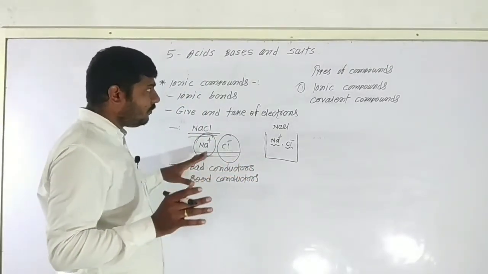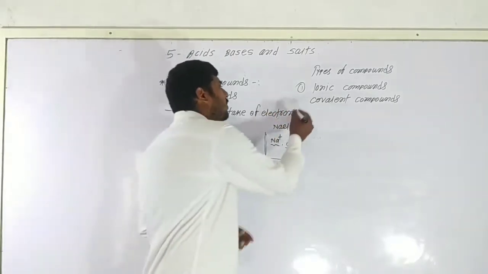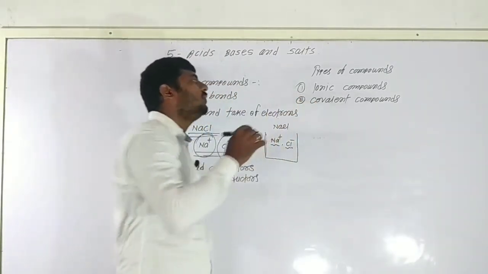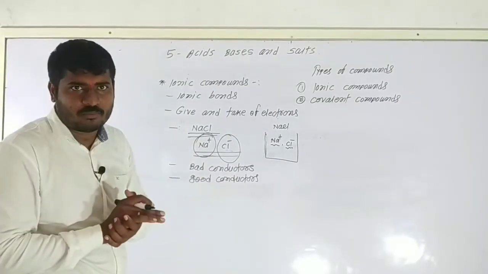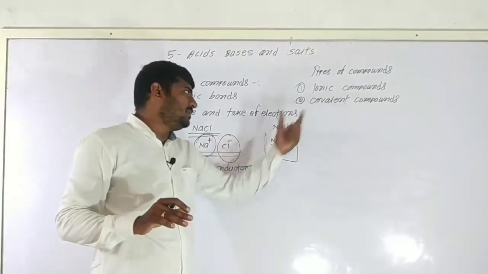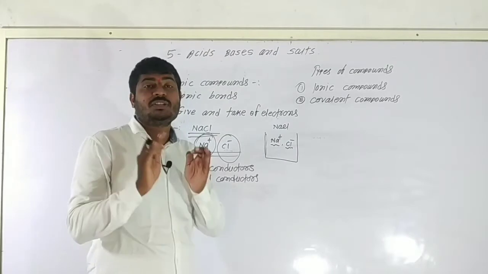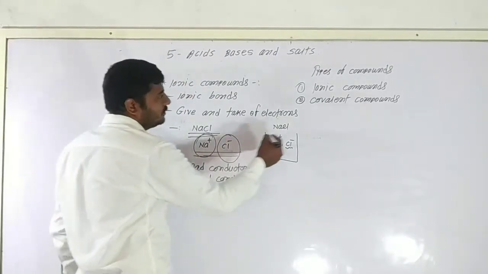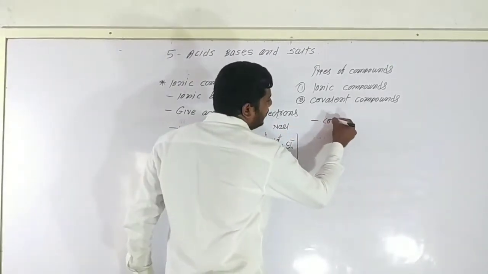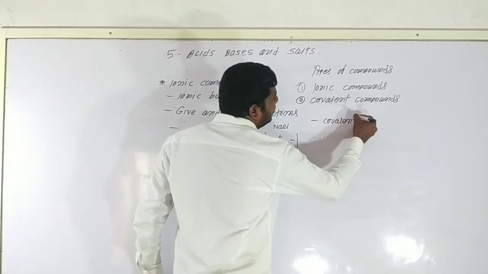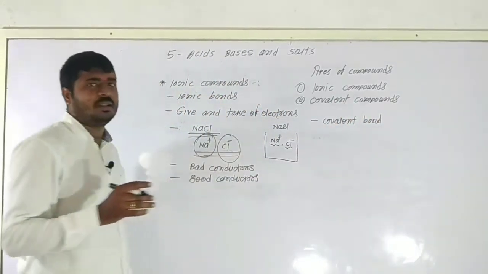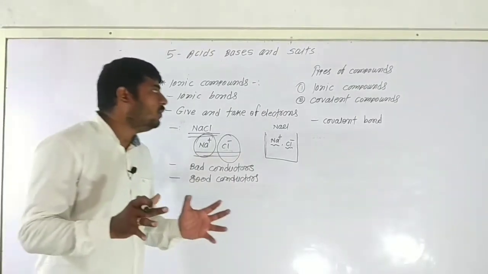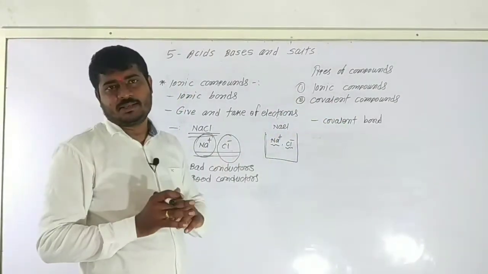Now we discuss covalent compounds. What is meant by covalent compounds and how are covalent compounds formed? Covalent compounds are compounds which contain covalent bonds. Now a question may arise: how do covalent bonds arise?